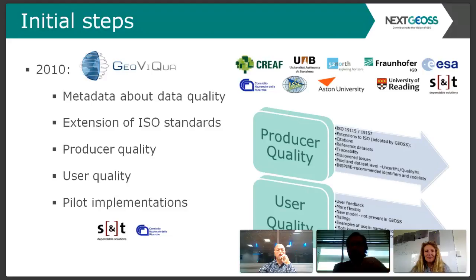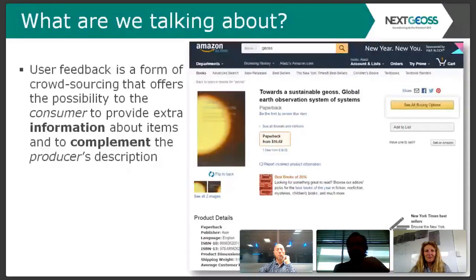So, of course, you have to look at what you have around, and we know that several big mass market providers on the internet have been using feedback for a while. So we can start looking at that to see which kind of data models they use, because as you will see, it seems kind of naive, but it is not. And then we should see the geospatial component of it.